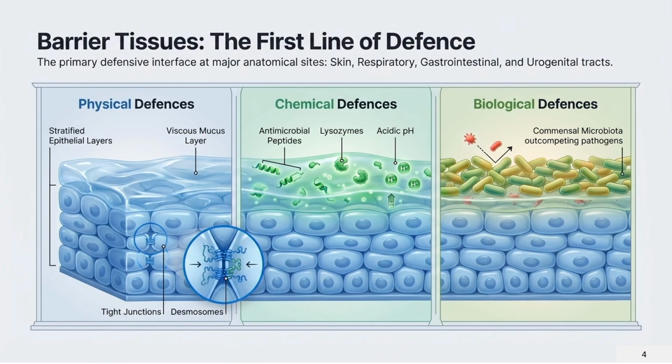The primary defense, chemical defense and biological defense are listed here. So once the pathogen comes into the system, there is the mucus layer. This is a thick mucus layer secreted from the epithelial layer. This mucus can trap the entering pathogen or antigen so as not to allow it to cause an effect.